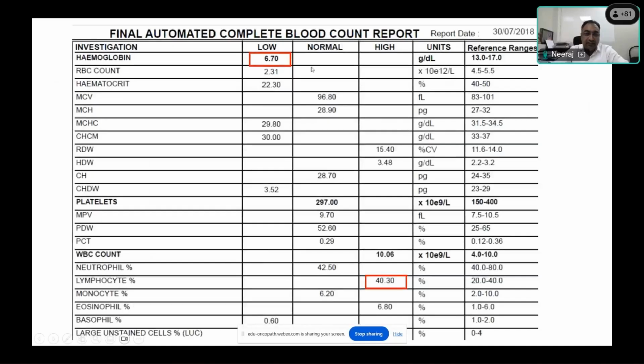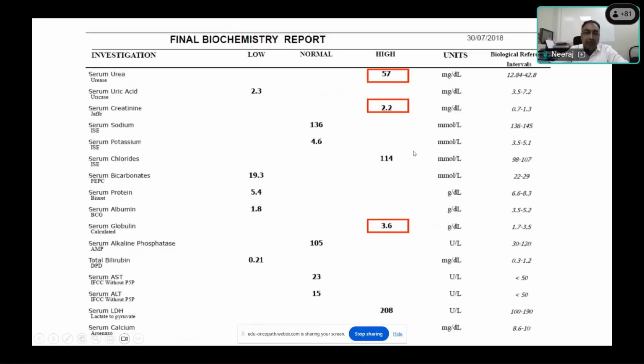As mentioned, there was anemia and there was slight lymphocytosis in the peripheral blood. The urea, creatinine, and globulin were on the higher side. The rest of the parameters were normal.